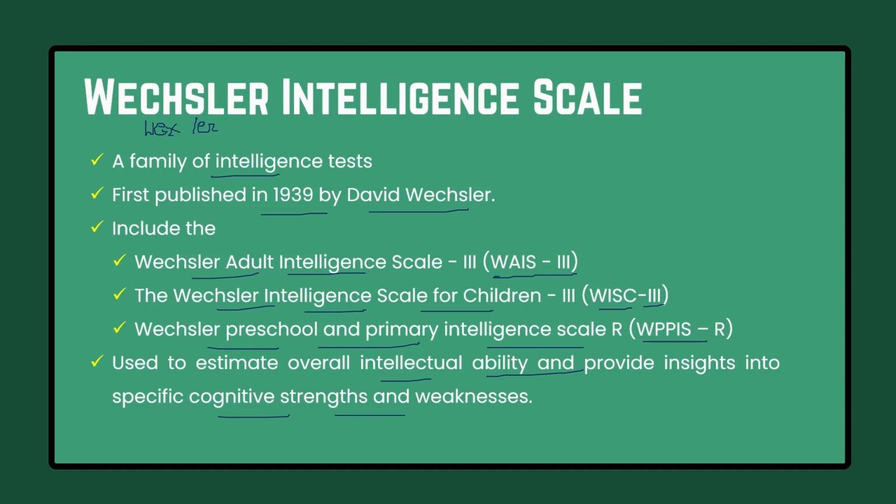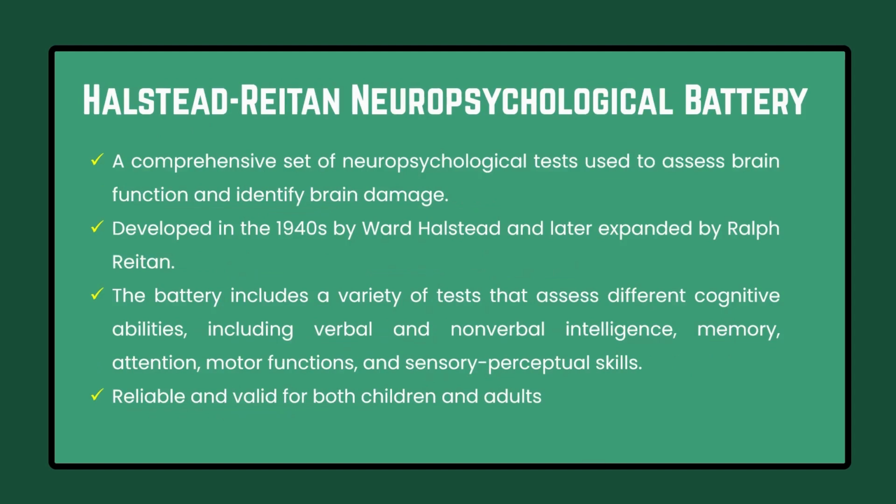So, as the name suggests, Wechsler Intelligence Scale is used to measure the intellectual ability of a person. And what you need to remember here is that it's not a single test, it's a family of tests with different tests for adults, children or adolescents, and different tests for preschool and primary students. Okay, that's all you need to remember here, and you need to remember the name, that is Wechsler Intelligence Scale.